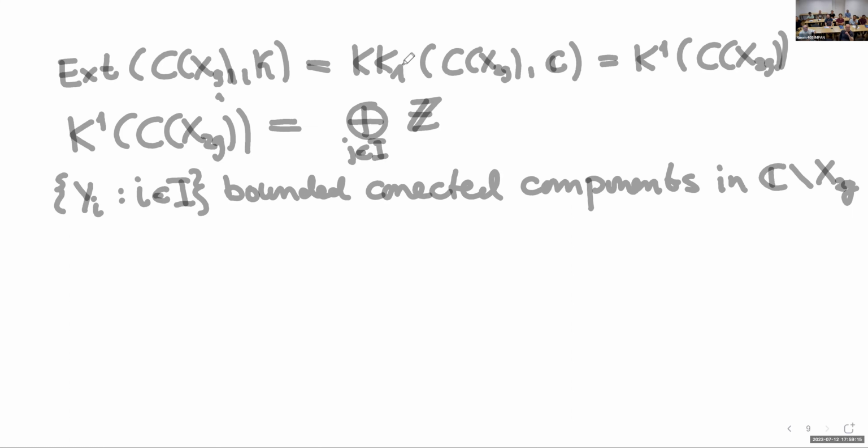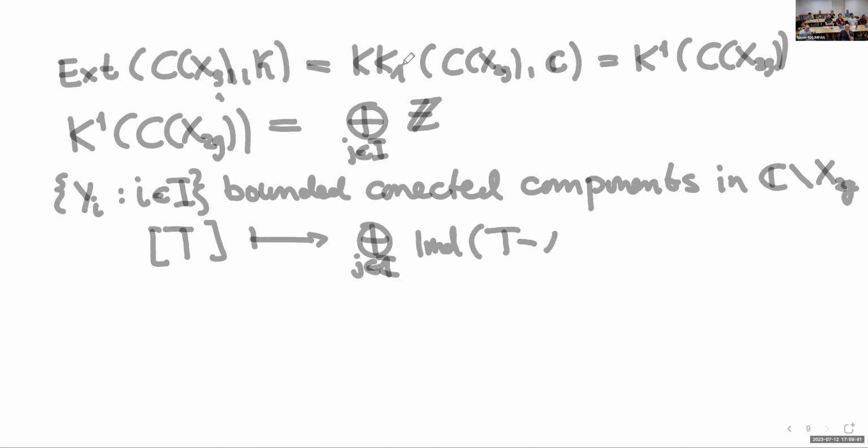And the map is interesting. So we have here in our generator an element. You know, you have 30 seconds. The element goes up to this sum, and then you take the index of our Fredholm operator T minus lambda_j, where lambda_j is in this component Y_j.